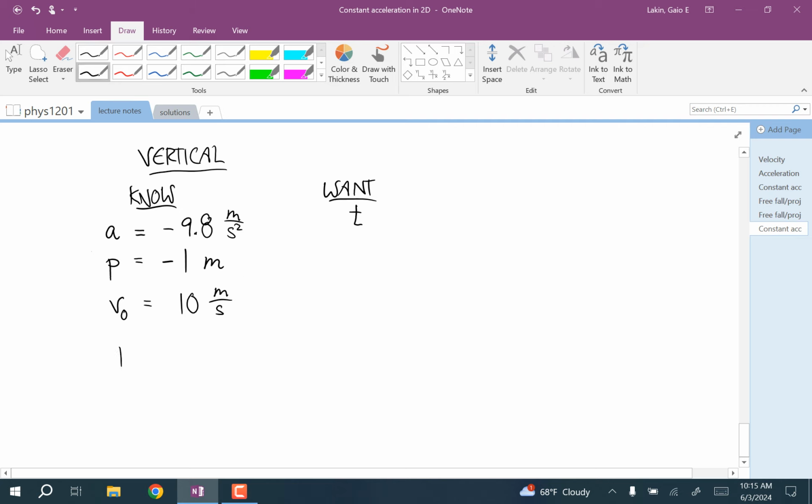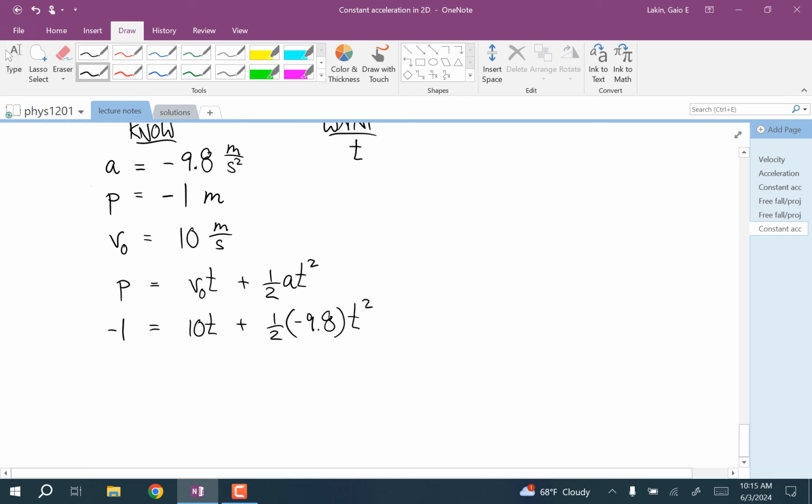Now we can look for an equation that works, and we can use this one. This says negative 1 is equal to 10t plus 1/2 times negative 9.8 times t squared. I'll write this as 4.9t squared minus 10t minus 1 equals 0.